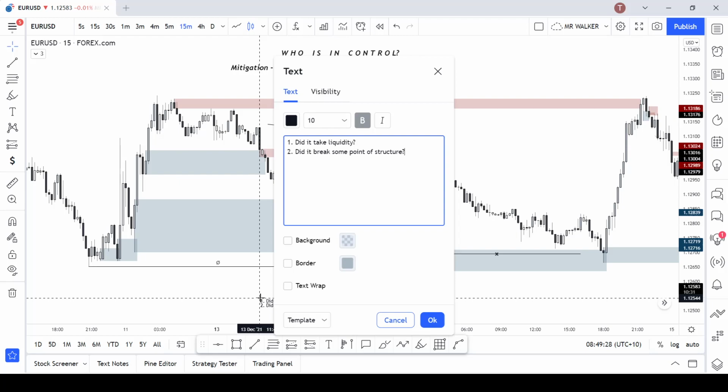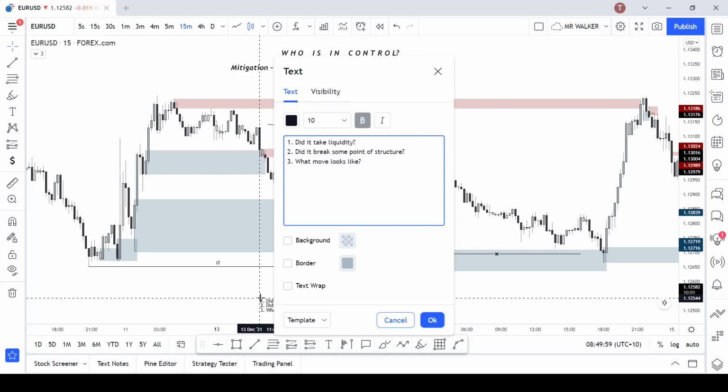If the order block breaks any high or low, which means closed above or below it, then this is a plus confluence for my zone. And the third one is, what does the move look like?